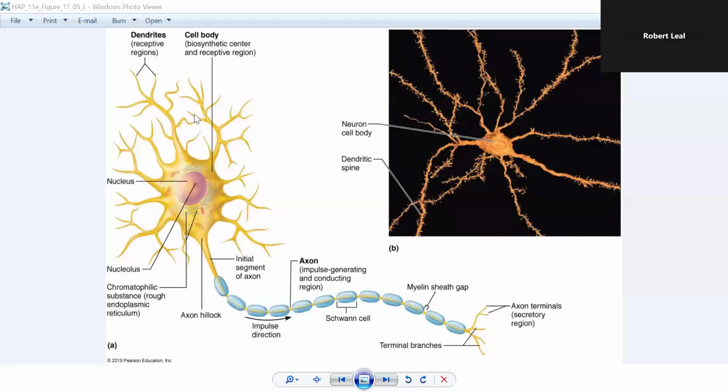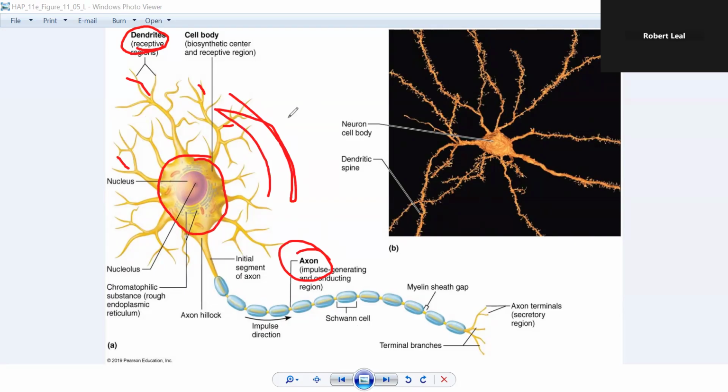The way they name this neuron is by how many processes come off the cell body. So here's the cell body. The processes would include these branches called dendrites, where the neuron can be communicated by another neuron by the release of neurotransmitters. The other process here would be the tail of the neuron called the axon. Since it has many processes, it's referred to in general as a multipolar neuron.